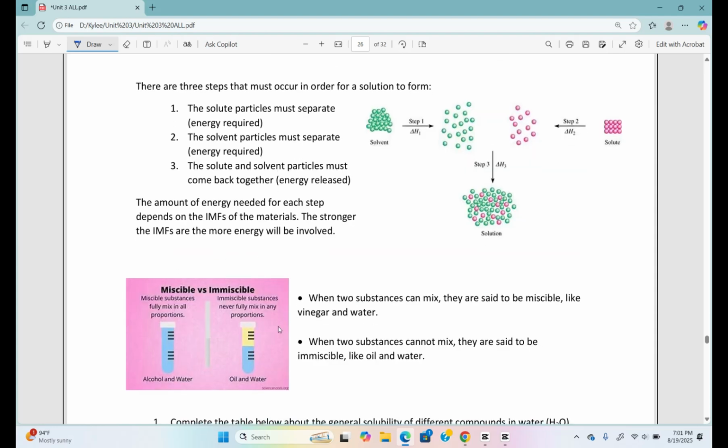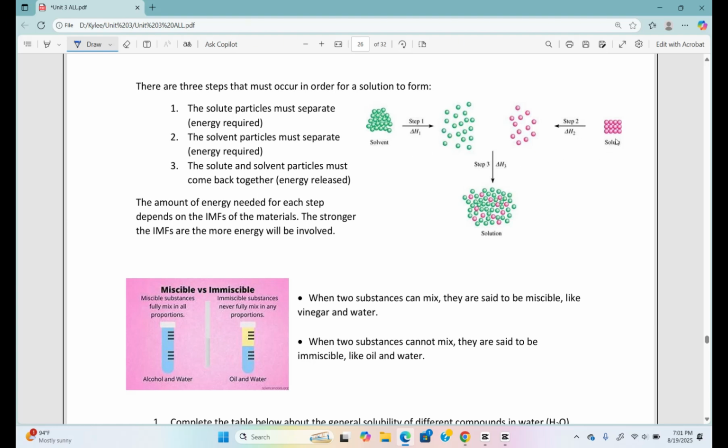There are three steps that have to occur for a solution to form, and whether something dissolves depends on the energy of all of these steps combined. We call them steps, but in actuality they are all happening at the same time; it's just an easier way to describe how they interact. The first step is that the solvent particles have to space out from each other, and that requires energy.